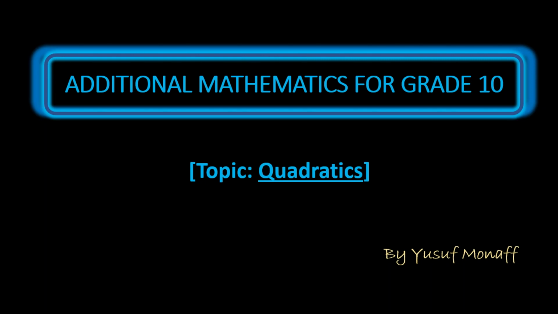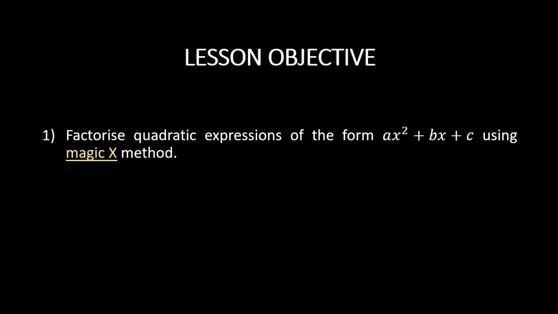Well, we are going to start the chapter of quadratics. In this lesson, we are going to learn how to factorize quadratic expressions of the form ax squared plus bx plus c using a particular new method which I have called the magic X method.